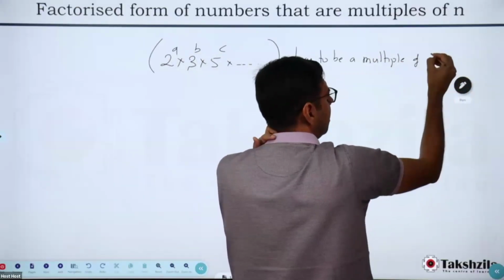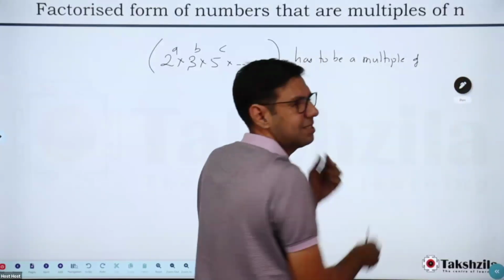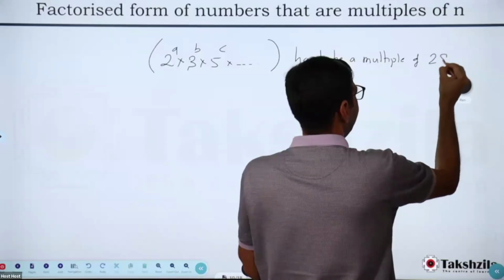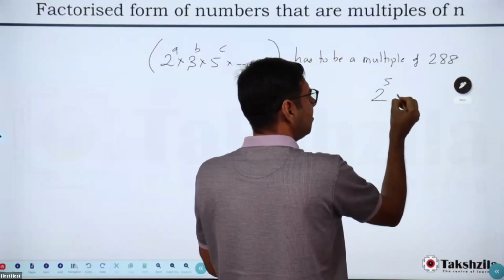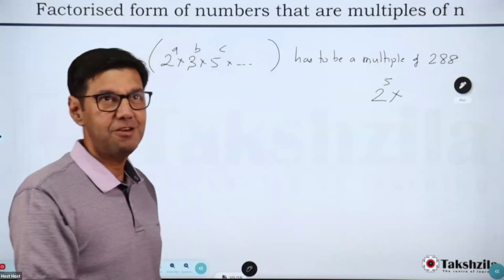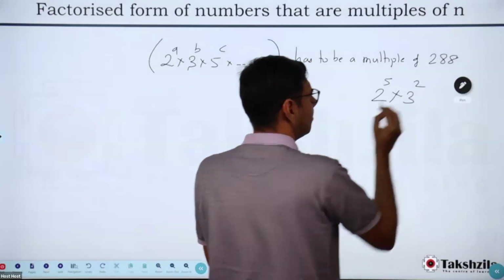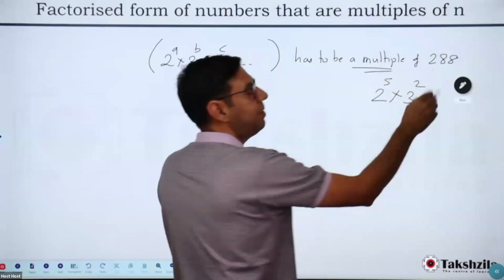Let me put it as, let's say, 190. What is an easy number? Why aren't numbers coming to my mind? Okay, 288. 288 is 2 raised to 5 into 3 square. 144 is 2 raised to 4, 16 into 9, 3 square. So now tell me, this number has to be a multiple of 288.